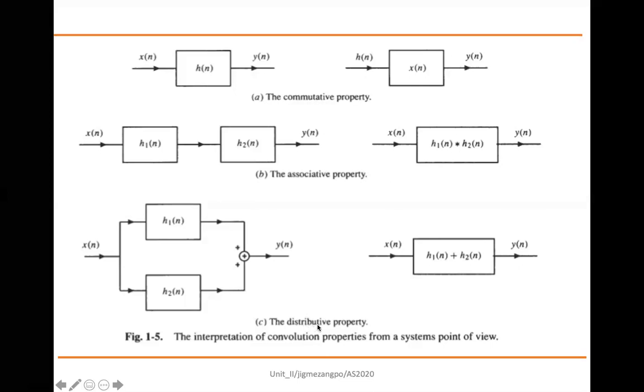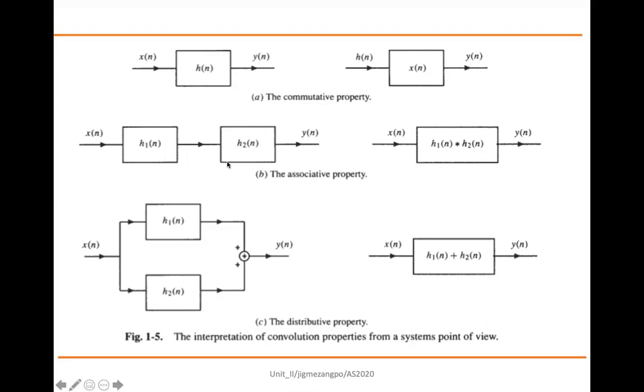Regarding the distributive property, you have two impulse responses in parallel. If your two impulse responses are in parallel, you can add them together. So this is equal to this one. This is known as the distributive property.